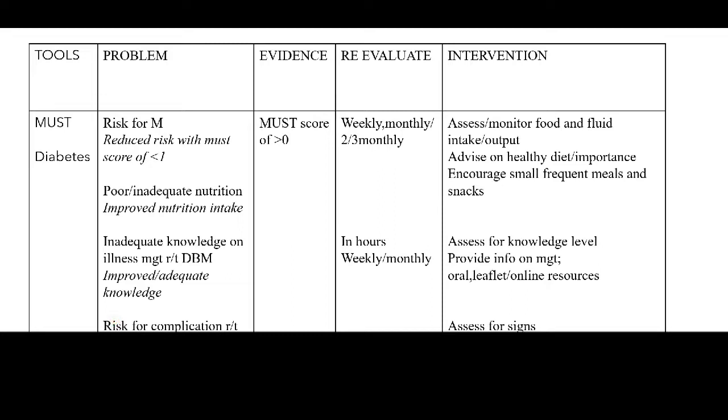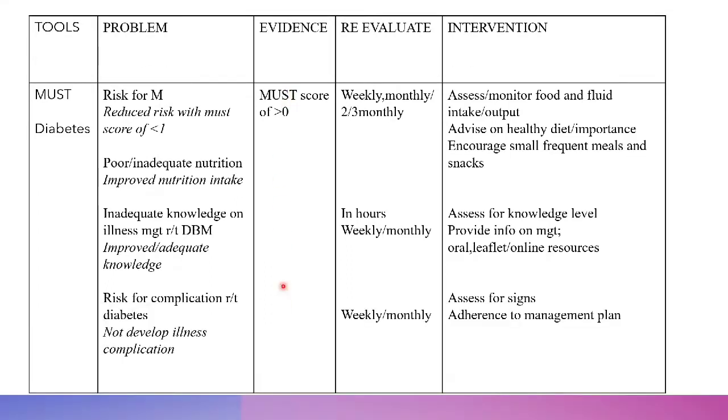The last one I have here is risk for complication related to diabetes. The evidence can also be your MUST score, because the fact that the patient is at risk for malnutrition means the patient is not taking care of the illness well and can develop complications. So your MUST score can also be your evidence.